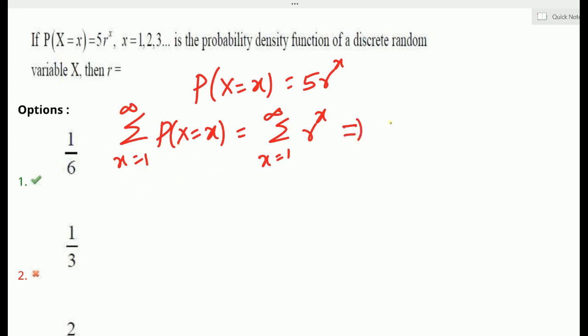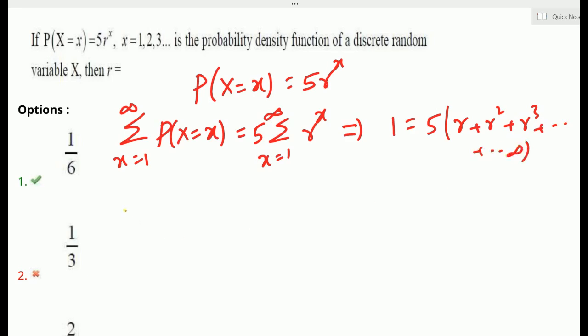On the right side, expand the sigma. Taking x equal to 1, first term, 5 is also there. 5 is a constant, so take it outside. Taking the expansion of sigma, x equal to 1 it becomes R, x equal to 2 R square, x equal to 3 R cube, up to infinity. This is an infinite series.